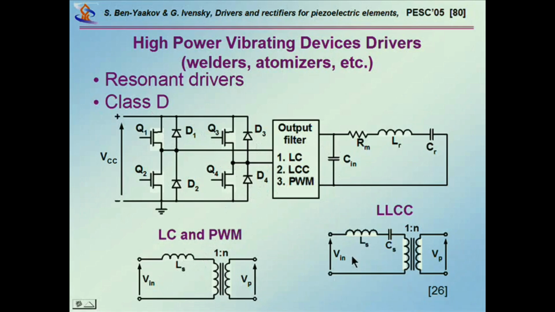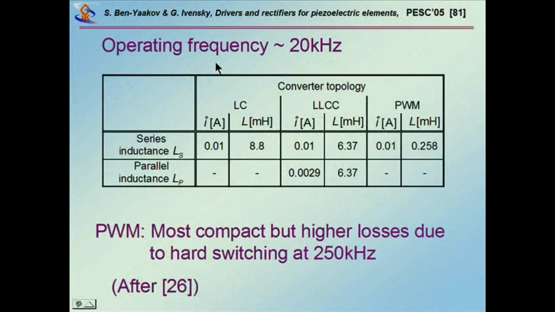One using an LCC, that is with 2 capacitances, relying on this capacitance and this inductance here. And one pure PWM, which is, as I've shown before, the Class D amplifier. By the way, this particular paper is really dealing with a welder. So here is a case of a real problem. And the power level, if I remember right, is indeed a few hundred watts, like 300 watts or something like that.